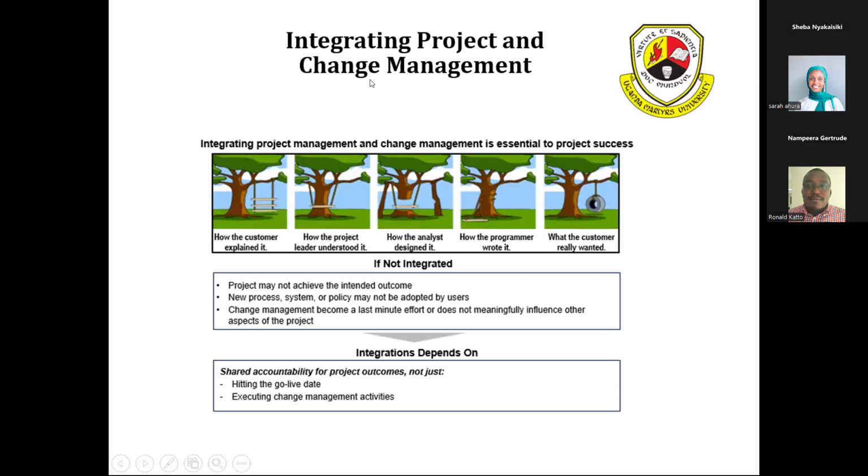What happens when we fail to integrate change management into our projects? Here is a pictorial view of how things can be misunderstood if you don't have appropriate change management integrated with your project.